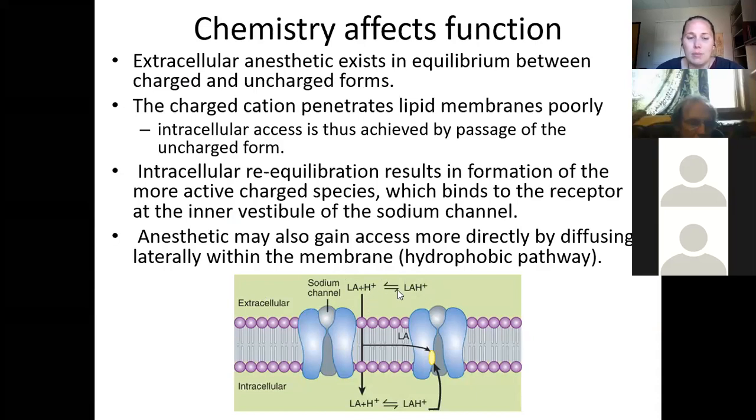The charged cation penetrates the membrane poorly, so in order to penetrate, it has to be in its uncharged form. It passes through the membrane, and once intracellular, it again goes between the charged and uncharged form. It's the charged form intracellularly that allows it to interact with the site of action, which, as I alluded to, is the voltage-gated sodium channels.